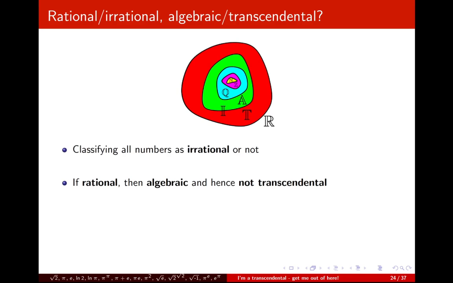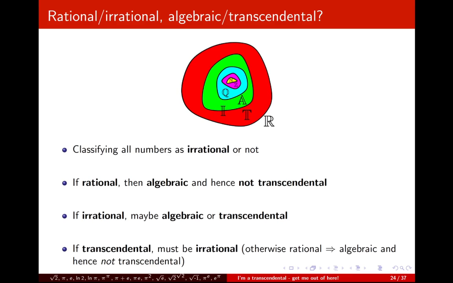They're not in the red zone. But if they are irrational, they may be in the green zone and algebraic, like the square root of 2, or they might be transcendental, like pi and e. If they are transcendental, they're in the red zone, and they must be irrational.